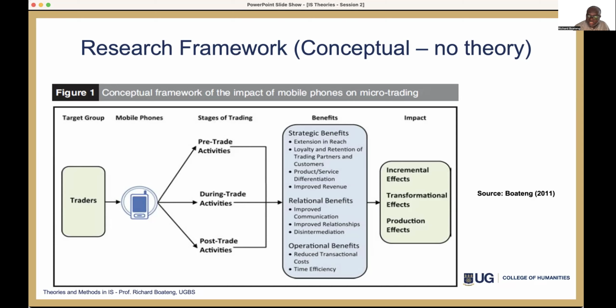Then there's a production effect. The product itself has an effect. The mobile phone itself uses airtime. In some countries you call it credit, and it also uses a battery that has to be charged, and has a cover, a screen protection.